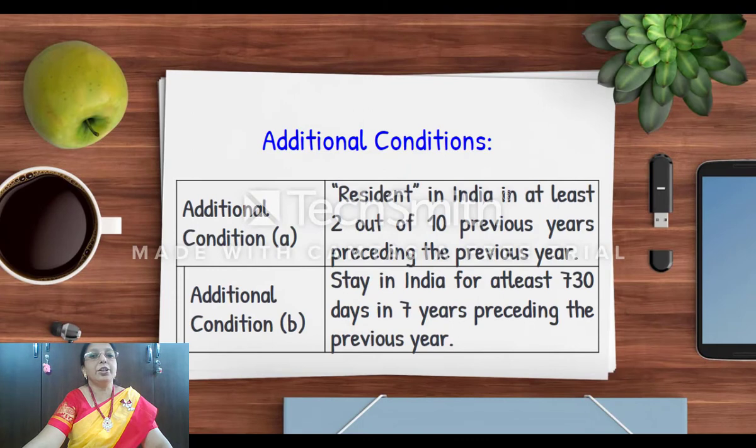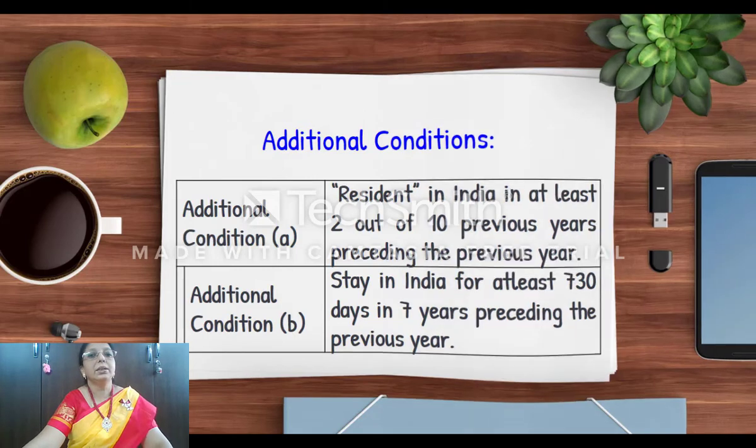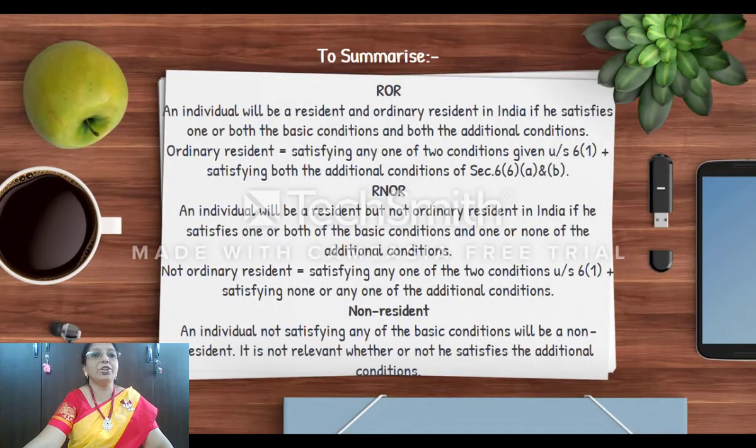The additional conditions. By fulfilling both the additional conditions, they become an ordinarily resident. Resident for at least 2 out of 10 years in the years preceding the previous year. Stay in India for at least 730 days in 7 years prior to the previous year. So those are the additional conditions.